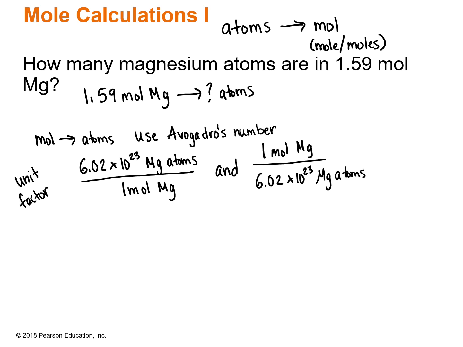So now that we've got our unit factors written down, we can figure out which one we want to use. We're starting with moles, and we're trying to get to the number of atoms. Which unit factor should I use, A or B?